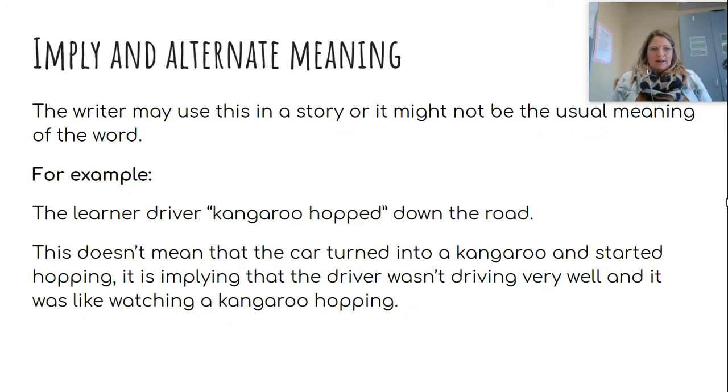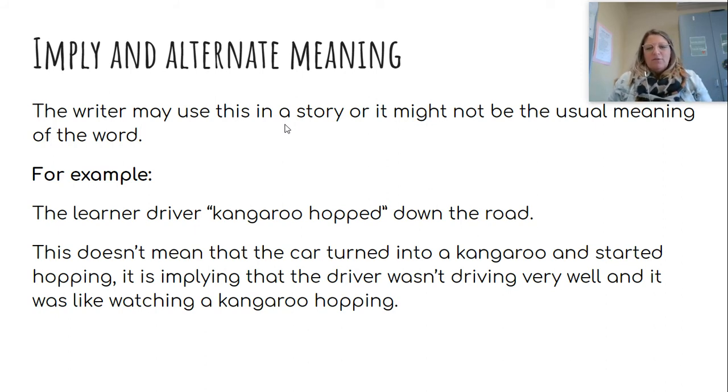Implying an alternate meaning. The writer may use this in a story, where it might not be the usual sense or the meaning of the word. Okay, so for example, the learner driver kangaroo hopped down the road. This doesn't mean that the car magically turned into a kangaroo and started hopping.